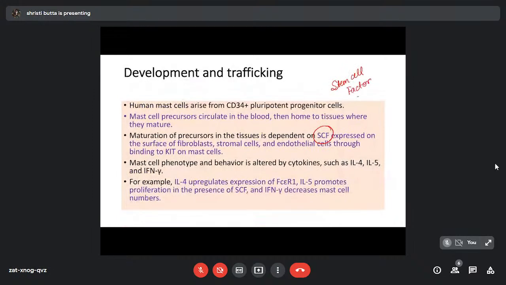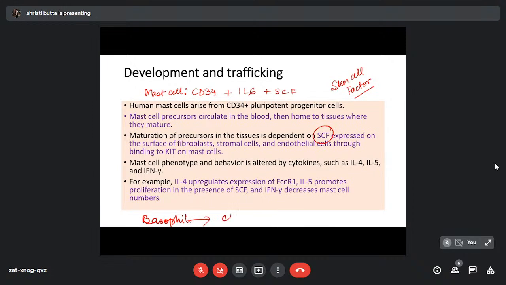So mast cells are produced when CD34 cells are primed with IL-6 and stem cell factor. So that is your mast cell. On the other hand, when I'm talking about basophils, please look at the slide below.